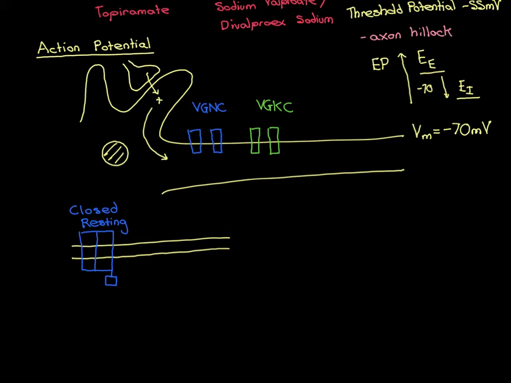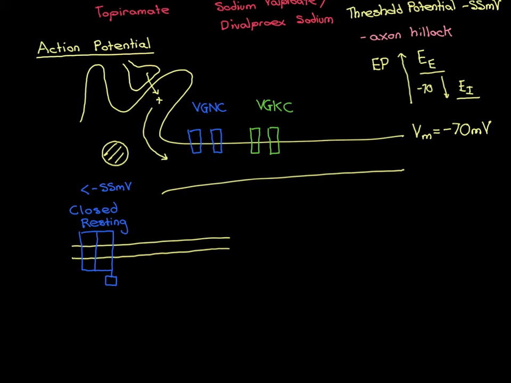So this is the state that they want to be in if you are at less than negative 55 millivolts. So at negative 70, of course, you are lower than the threshold potential, therefore they want to stay in this state. And indeed, all of them will be sitting nicely in this state in the axon cell membrane. In that state they are not allowing ions to go through them. No sodium ions can come through this voltage-gated sodium channel, and if we were talking about a voltage-gated potassium channel, no potassium ions could go through that.